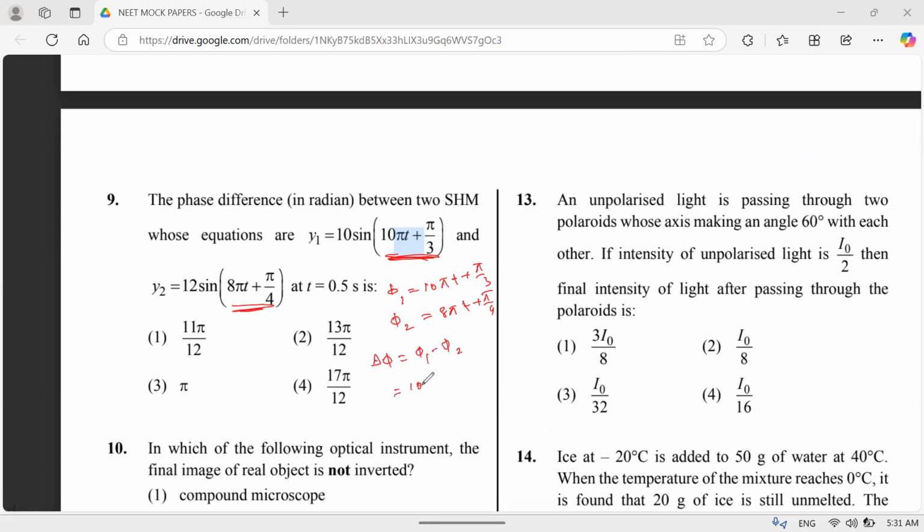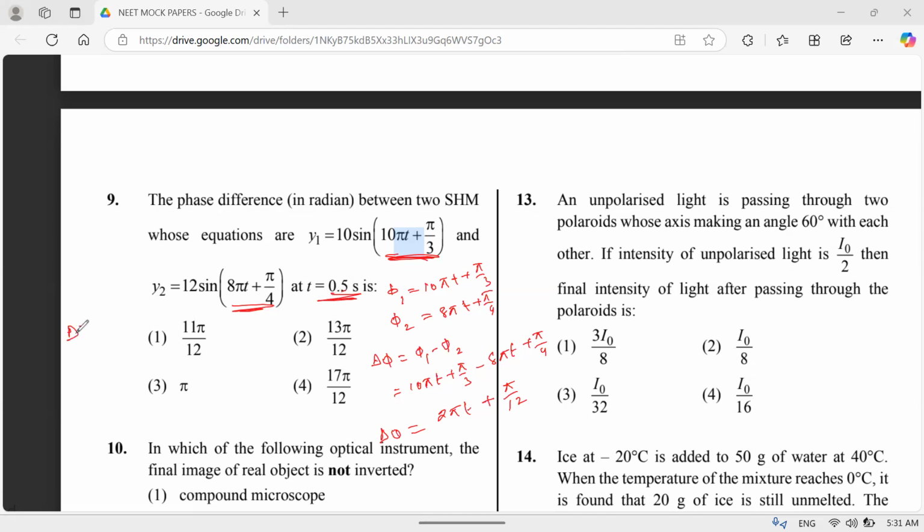So how much are you getting? 10 pi t plus pi by 3 minus 8 pi t plus pi by 4. So it is 10 minus 8, 2 pi t, plus pi by 3 minus pi by 4, which is pi by 12. That is the phase difference, delta phi. The time being asked is 0.2.